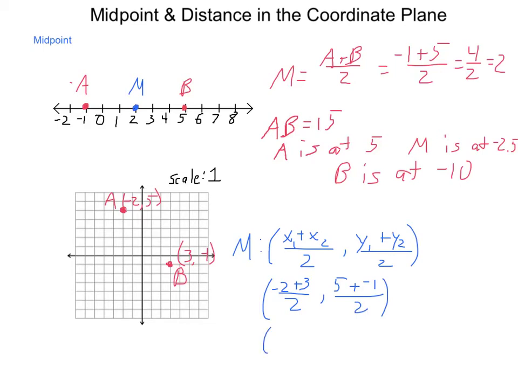Well, -2 plus 3 is 1, and 5 plus -1 is 4. Finding the average of these, we will get 1/2, 2 as the location of M. So we go right half a unit and up 2 to this location here, and there is M.